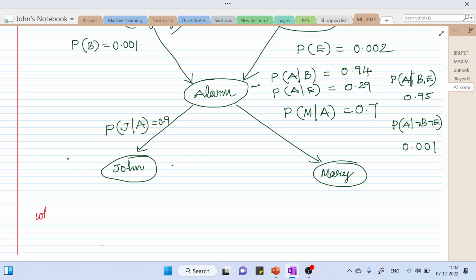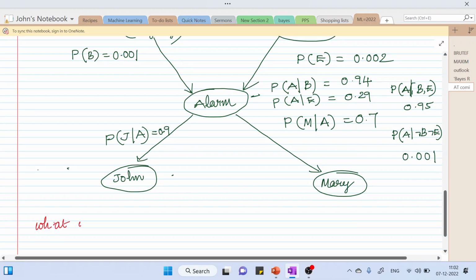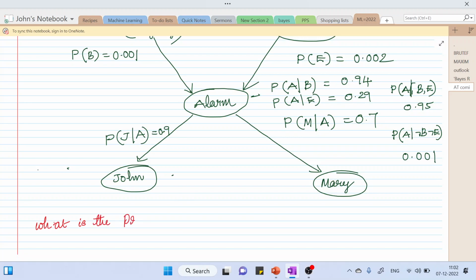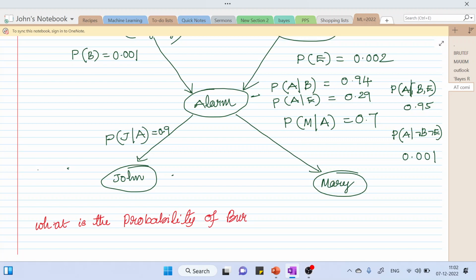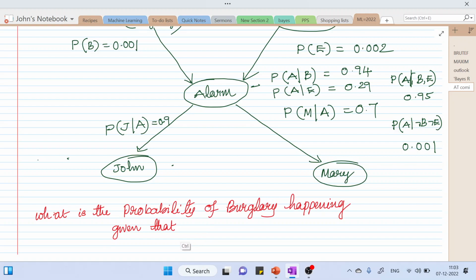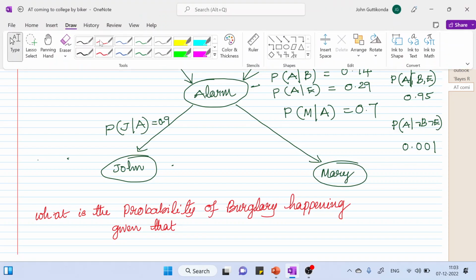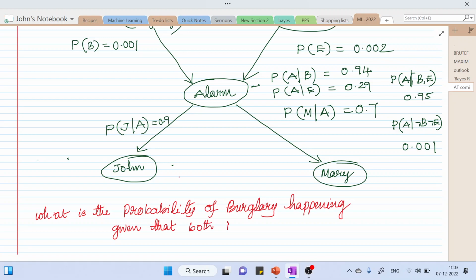What is the probability of burglary happening given that both Mary and John call?